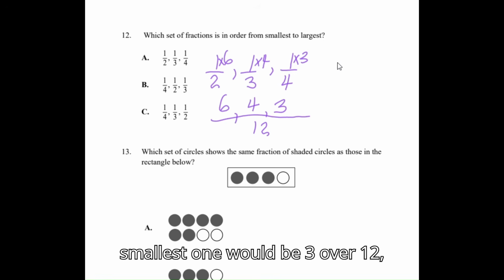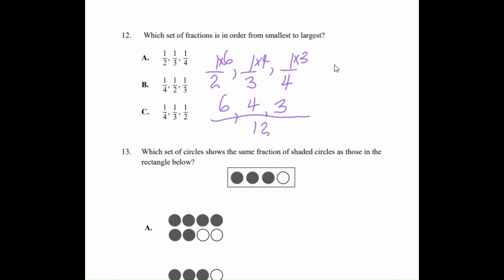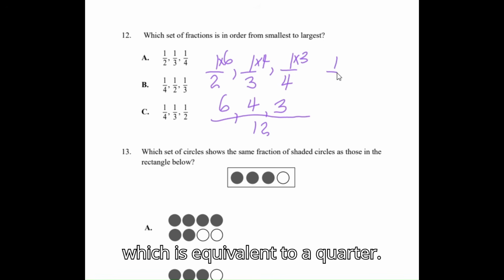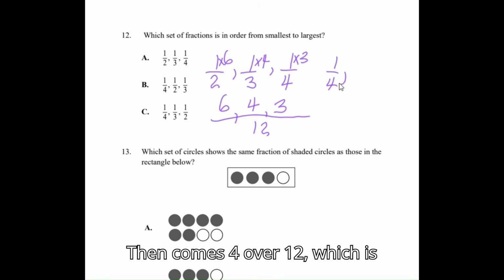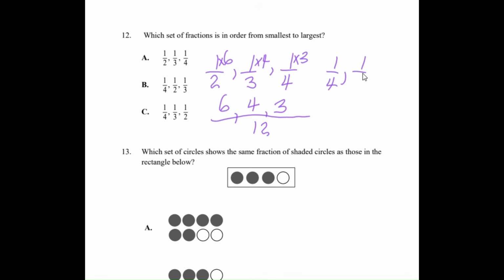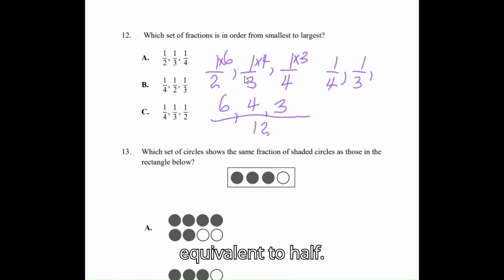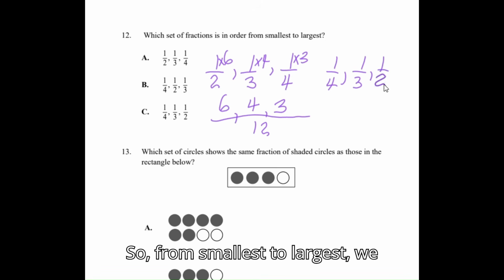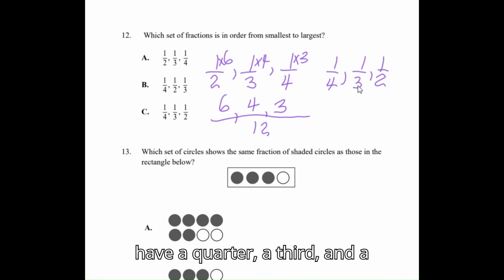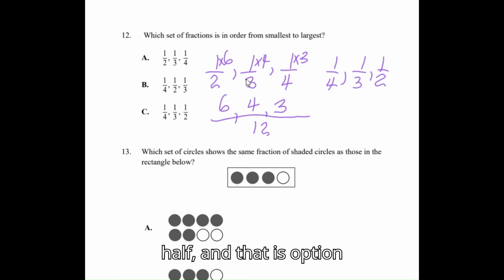So the smallest one would be 3 over 12, which is equivalent to a quarter. Then comes 4 over 12, which is equivalent to a third. And then 6 over 12, which is equivalent to half. So from smallest to largest, we have a quarter, a third, and a half. And that is option C.